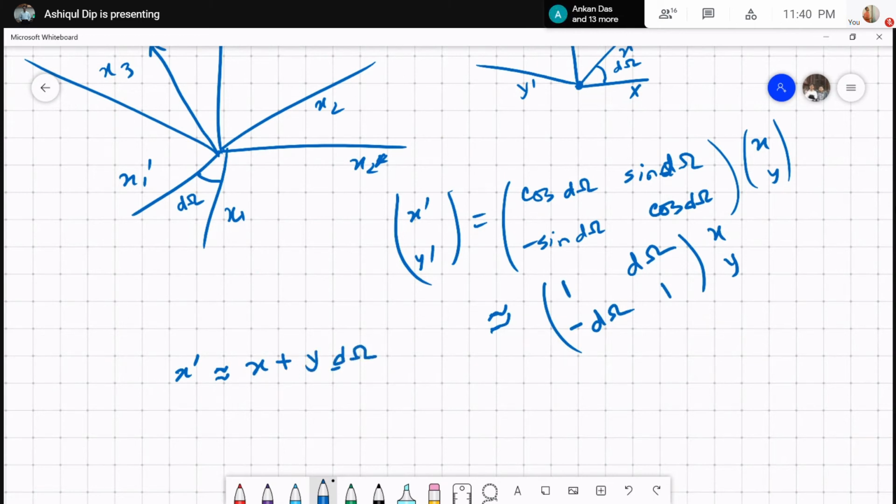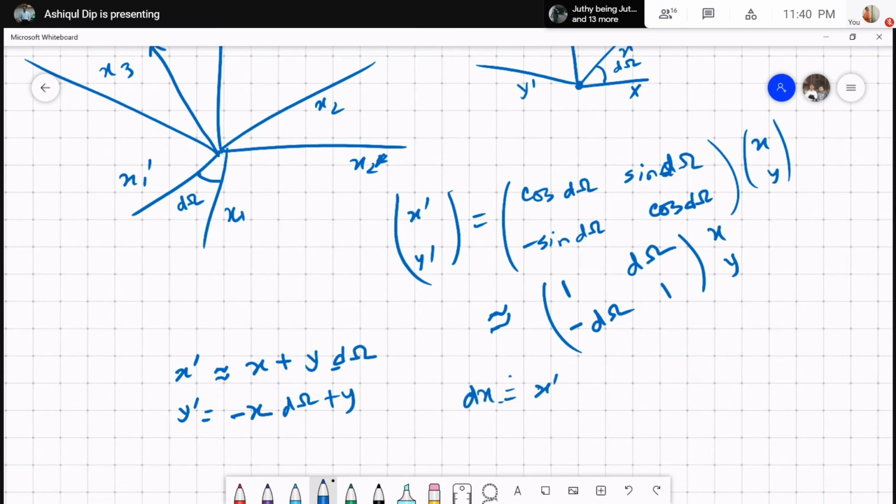And y prime is negative x d omega plus y, right? So how much is the separation between those two? Like dy equals y prime minus y, or dx equals x prime minus x. How much is that?